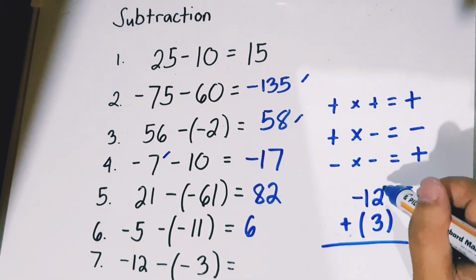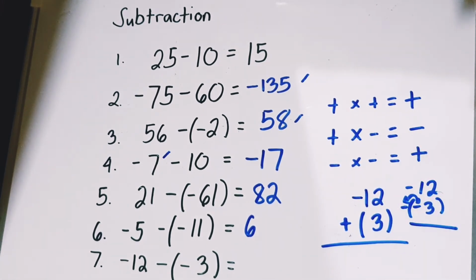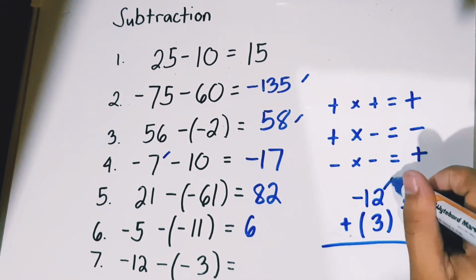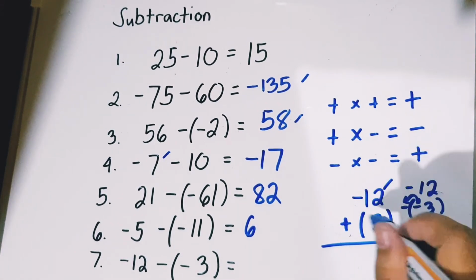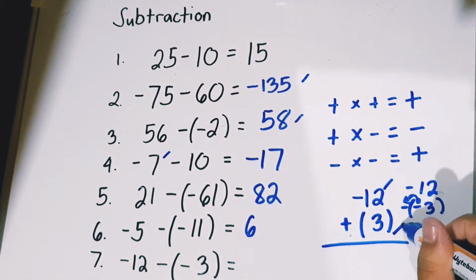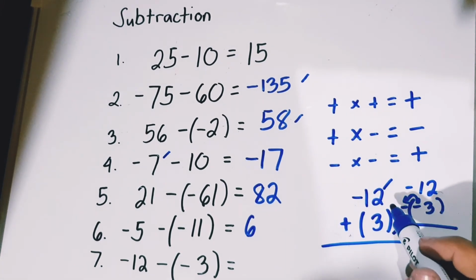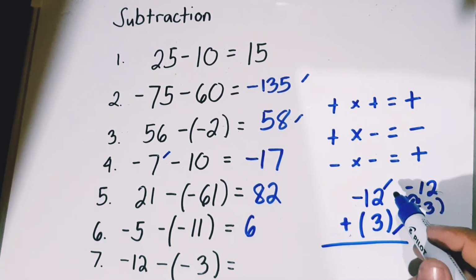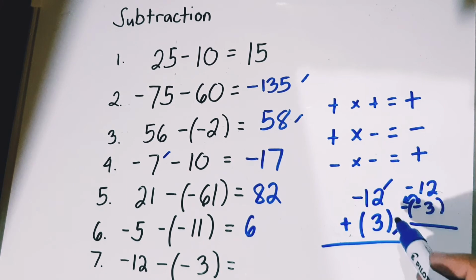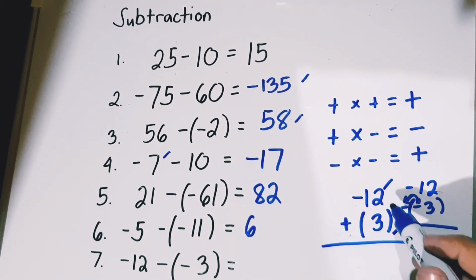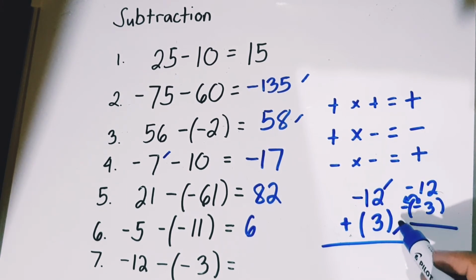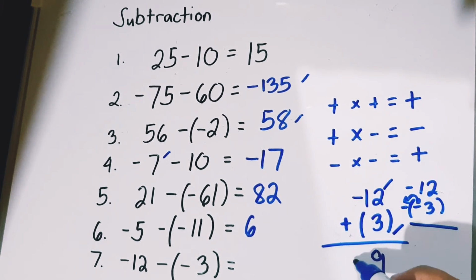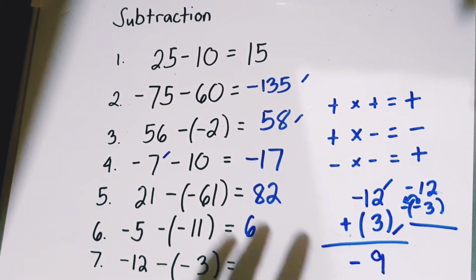Let's put it this way, as in my first video, the negative sign is your debt, and this one is your money. So if you add your money to your debt, or you pay your debt with your money, so you will have negative 9.